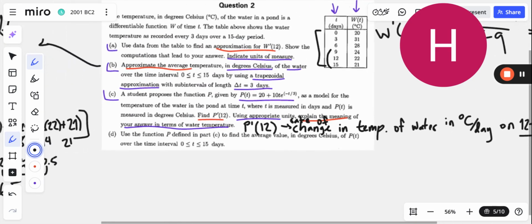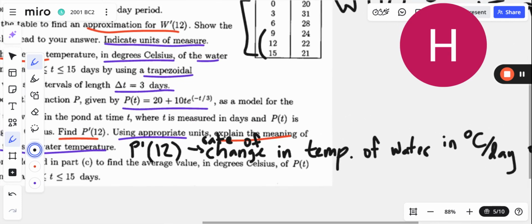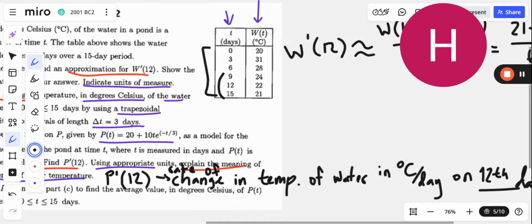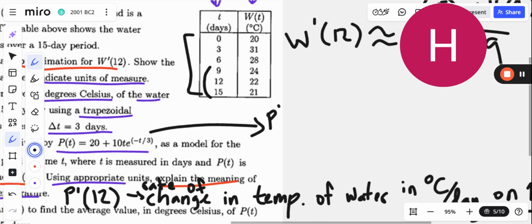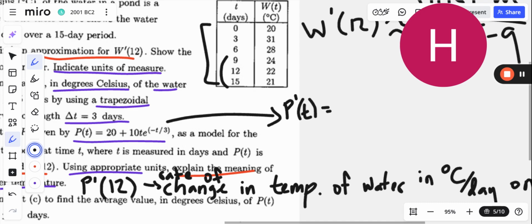Now, as far as finding it, I think we have to take a derivative here. So there's no way that they just have you plug this straight into a calculator. I mean, I hope not. Okay. I don't know. I guess if they can. P prime of T, that's going to be, well, goes to 0, but this is going to be a little product rule here. So let's just do that carefully.